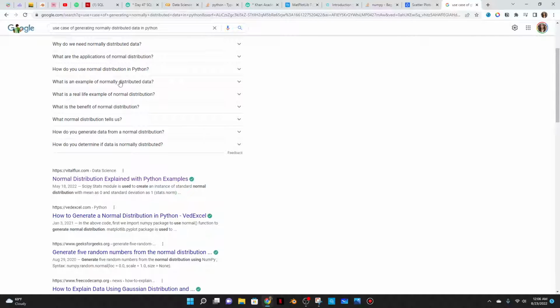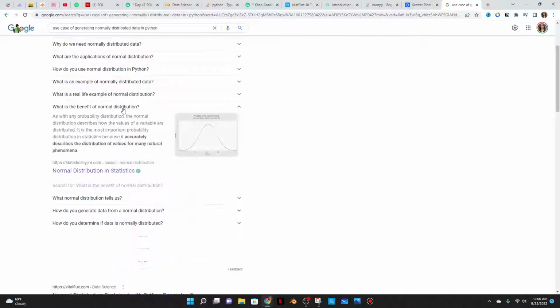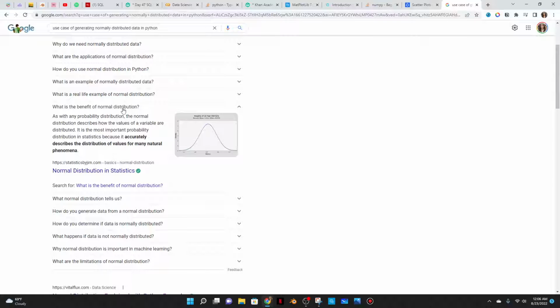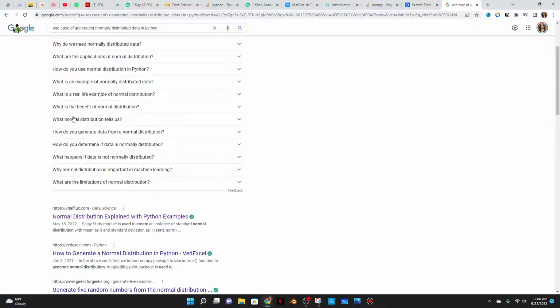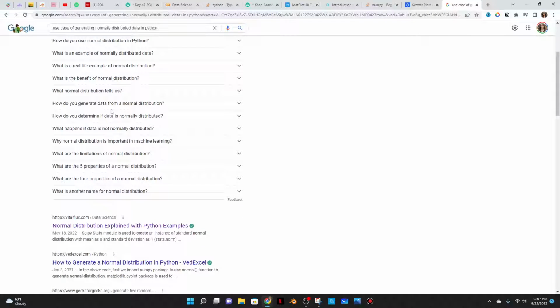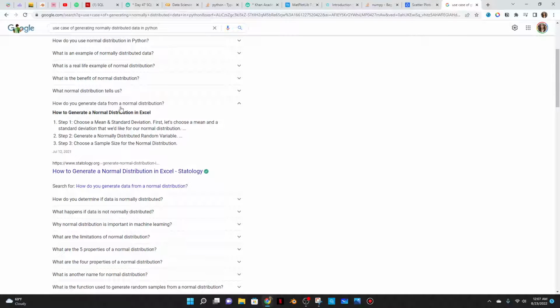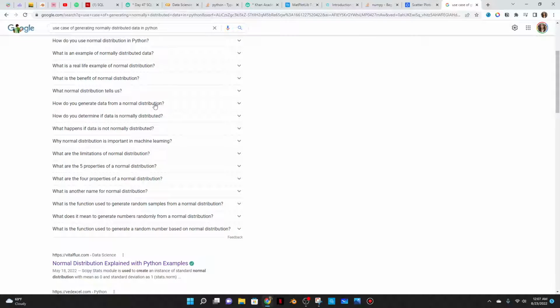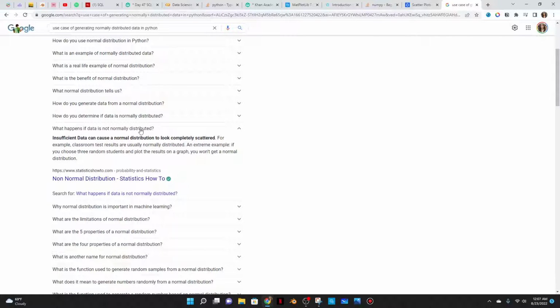What is an example of normally distributed data? How they are distributed, so their shape, their outliers, their center, the variability. How do you generate data from a normal distribution? What would even be the point? Why would I want to generate data from a normal distribution? If data is normally distributed, what happens if data is not normally distributed?